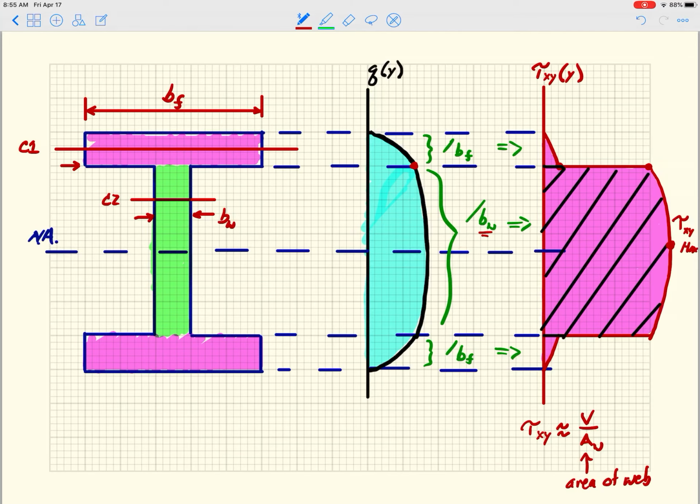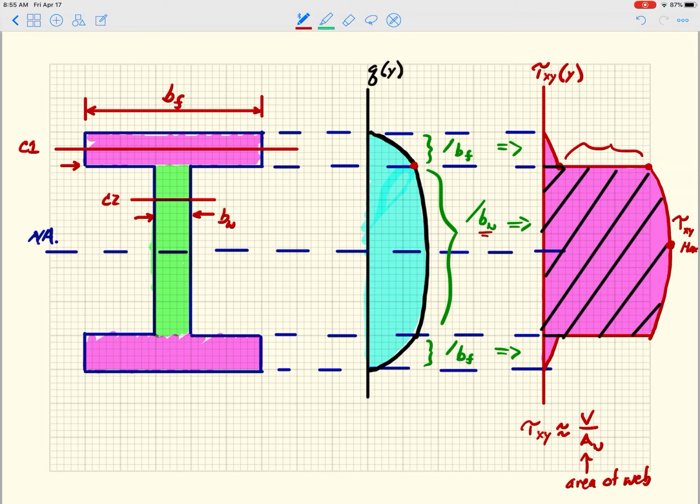And you can sort of see that. It's almost as if it's a constant shear stress. I'm drawing this more or less to scale. You see the big bump because of the change in width. But if I just take the shear force on the member and divide it by the area of the web, neglecting the flanges, that actually does a pretty decent job of approximating what that tau xy max is.